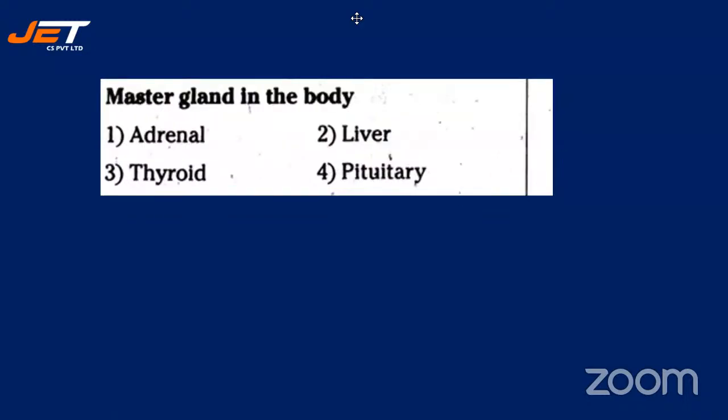Master gland in the body. Shrija, please check your answer.